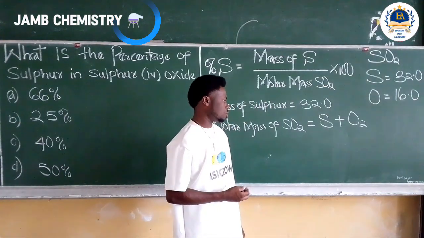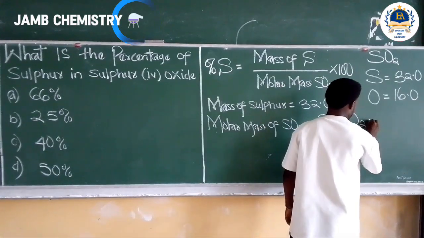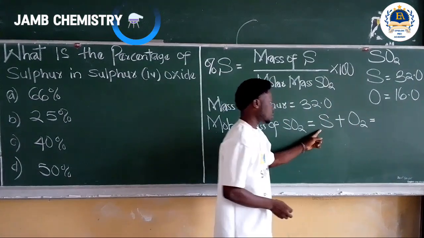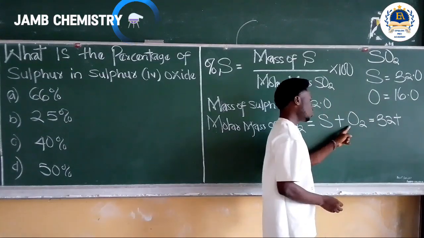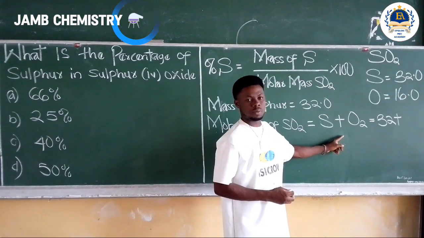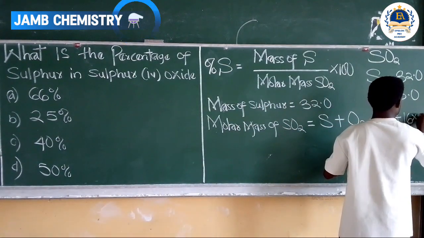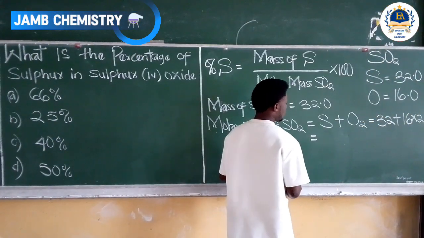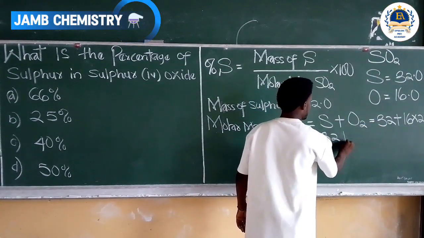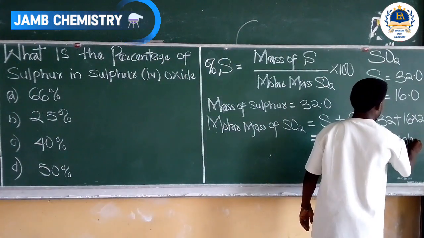So we are going to substitute the respective masses into this, which is equal to S is given as 32 plus O is given as 16. So that would be 16 times 2. The molar mass of SO2 is given as 32 plus 16 times 2, which is 64 gram per mole.